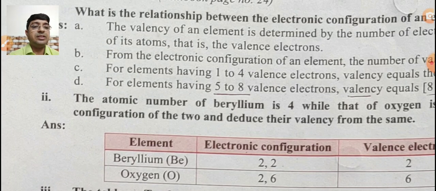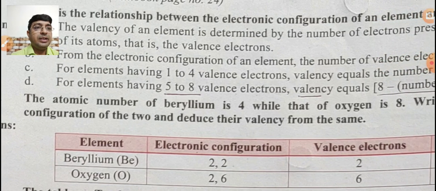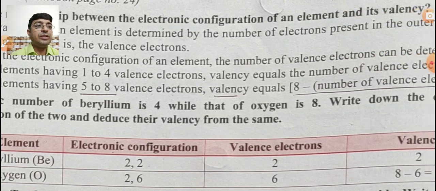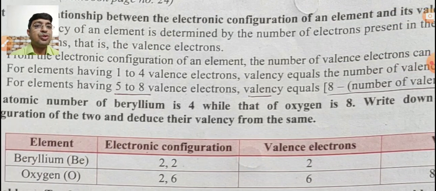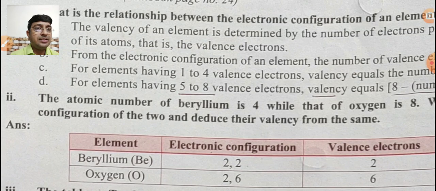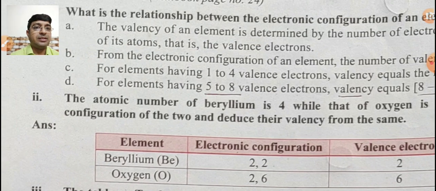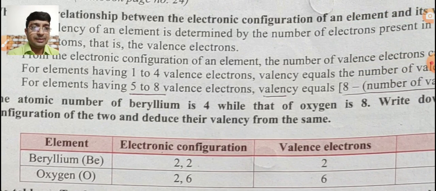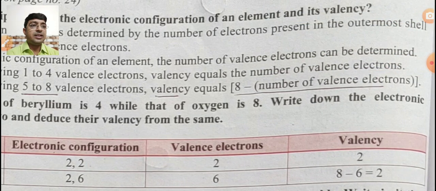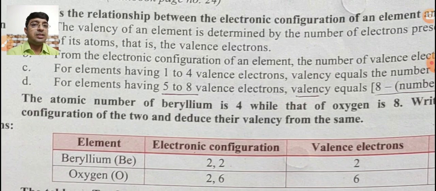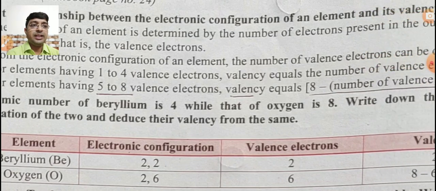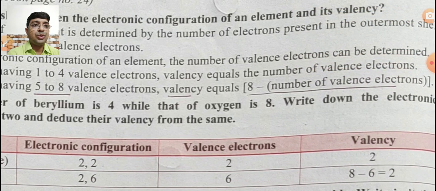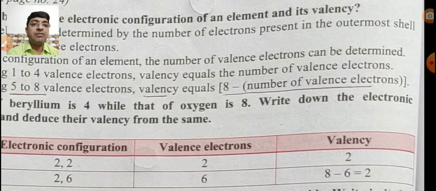We learn the answers to these questions with the help of a diagram. Now see there. The valency of an element is determined by the number of electrons present in the outermost shell of its atom, that is, the valence electrons. We learn this from the above paragraph. Second point: from the electronic configuration of an element, the number of valence electrons can be determined. For elements having 1 to 4 valence electrons, valency equals the number of valence electrons.